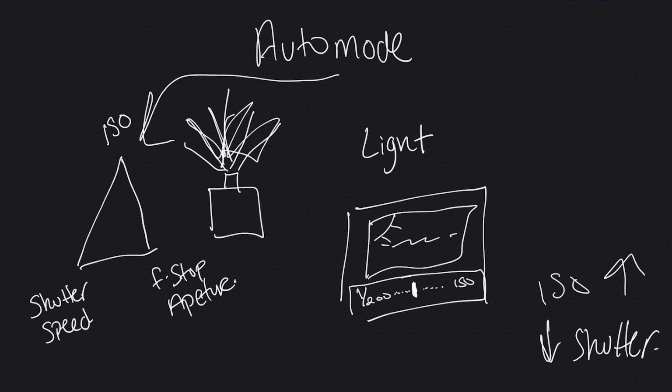Because remember, shutter speed is like your eye blinking, and the slower you blink, the more light gets let in. And it might be adjusting the aperture too. So if it needs more light, the aperture might go down in numbers, and if it needs less light, the aperture might go up. So you'll see that these things are all simultaneously adjusting themselves.